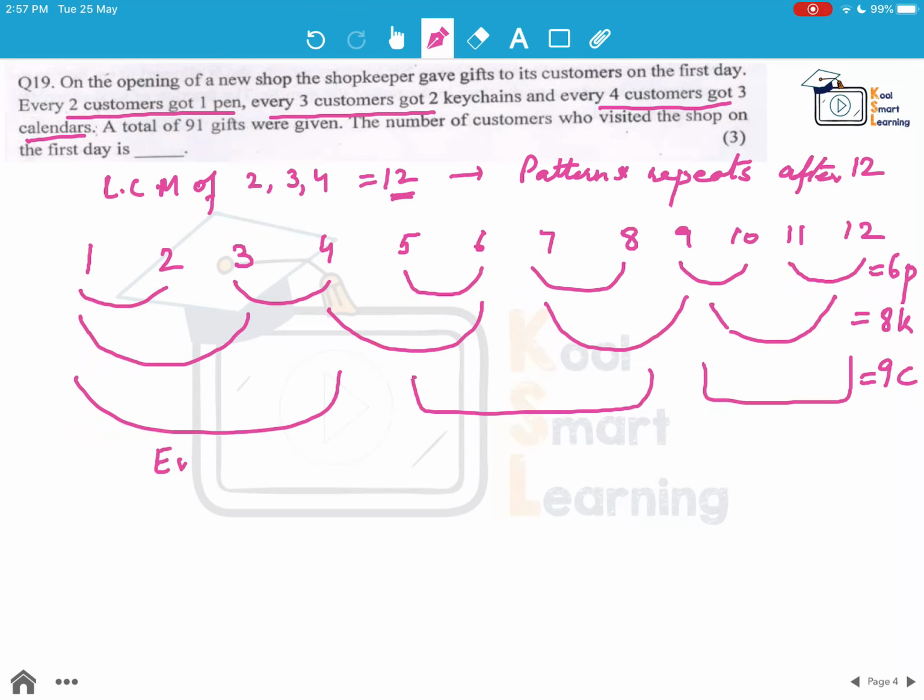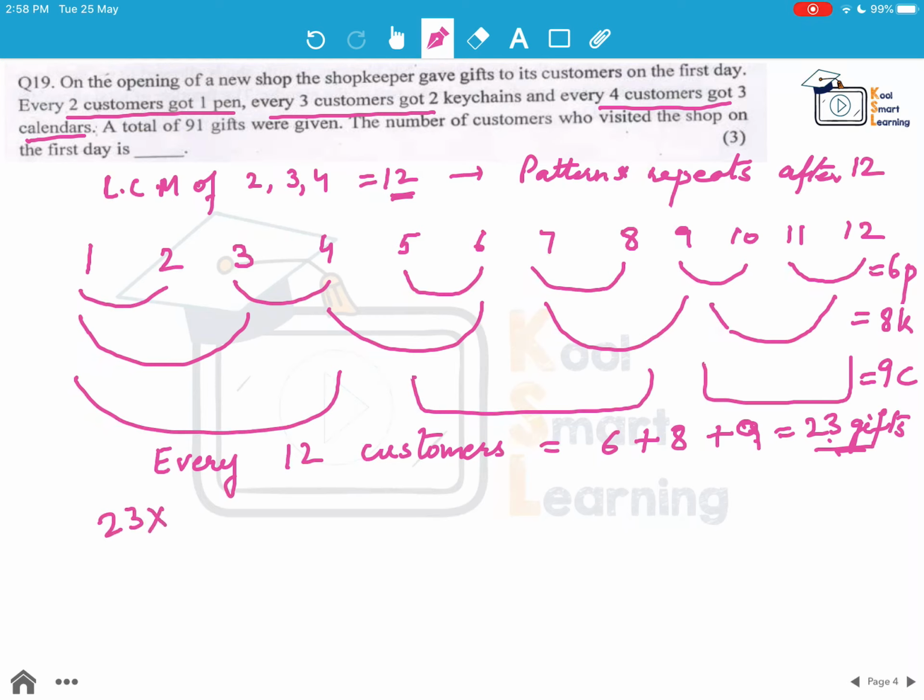So for every 12 customers, a total of 6 pens plus 8 keychains plus 9 calendars, that is 23 gifts, have been distributed. So now if we see, the multiple of 23 closest to 91 gifts is 92.